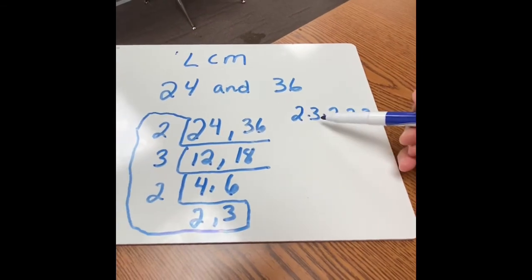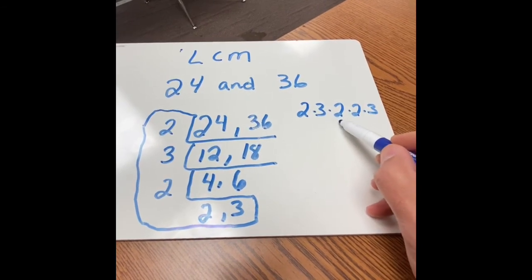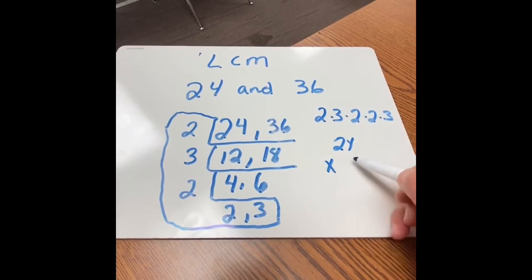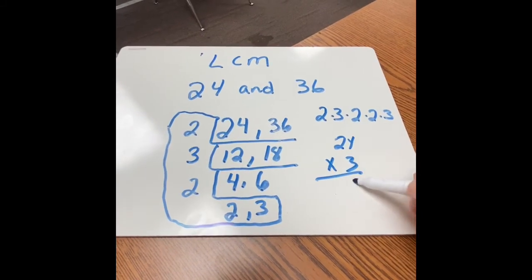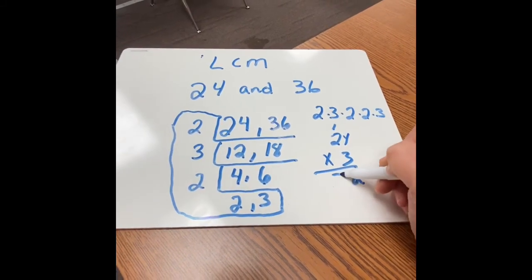Well, 2 times 3 is 6. 6 times 2 is 12. 12 times 2 is 24. Now 24 times 3. 4 times 3 is 12. Carry the 1. 3 times 2 is 6 plus 1 is 7.